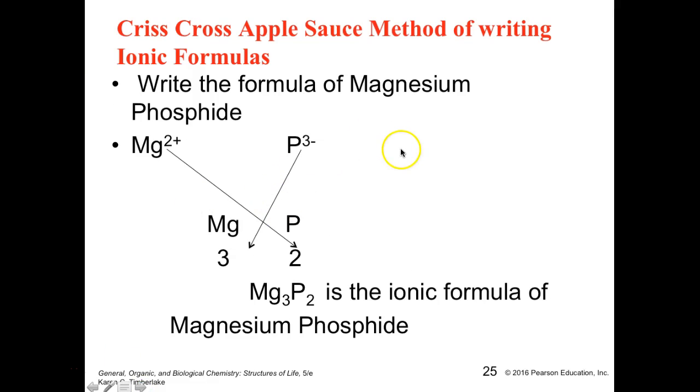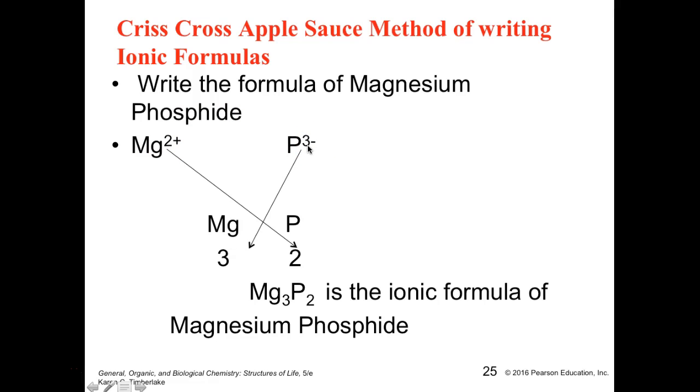Another quick way of writing ionic formulas is to use this crisscross, and I just gave it a catchy label, the crisscross applesauce method. So if you're writing the formula of magnesium phosphide, the magnesium ion is 2+, phosphide is 3-, all right?